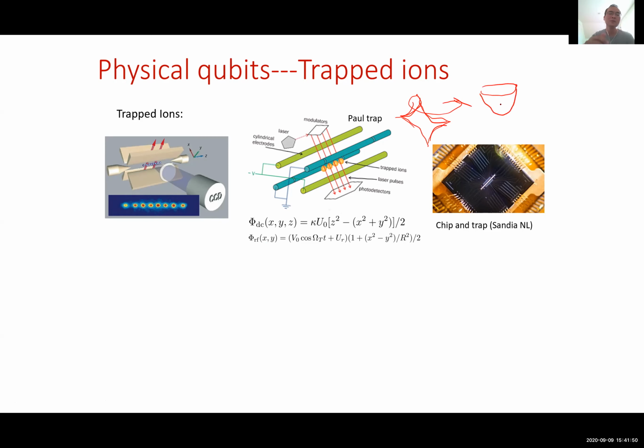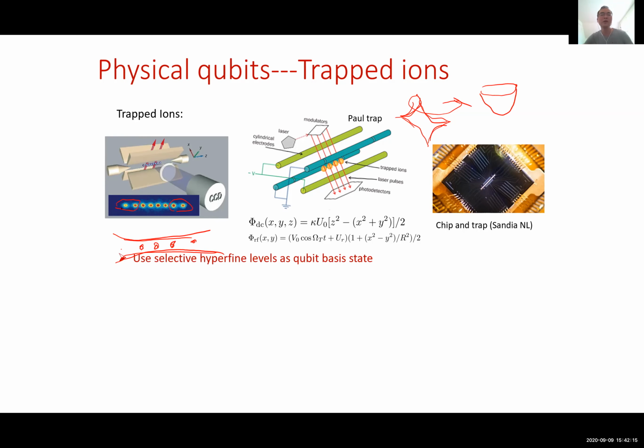So they can trap very narrowly in this direction, and because these are ions, they repel each other, so they spread out a little bit more like this. And you can see the spacing. You have larger spacing because there are fewer charges along the edge.